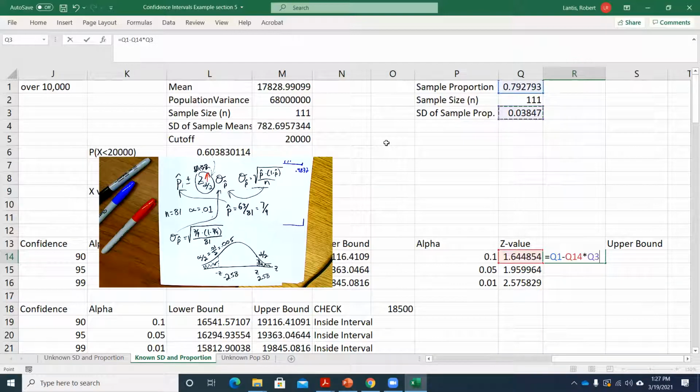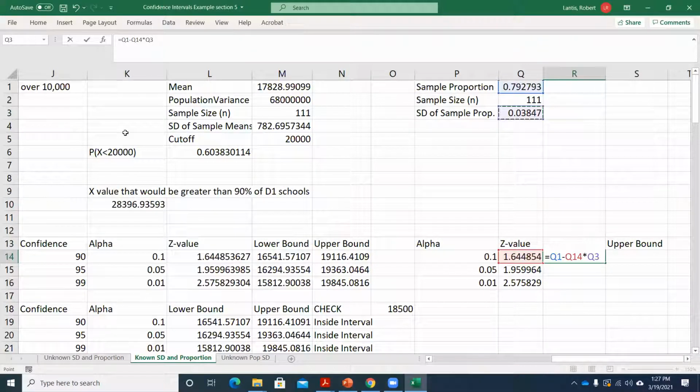I would set it up the way that I'm doing it now, and like we did last class, where I calculate the standard deviation of whatever sample statistic I'm looking at, whether that's sample means or sample proportions. Because if you try to enter this all into one cell, plug this equation in and type all that out, it's just a lot easier to make mistakes with my parentheses. Okay. But otherwise, this way makes it pretty easy, I think.